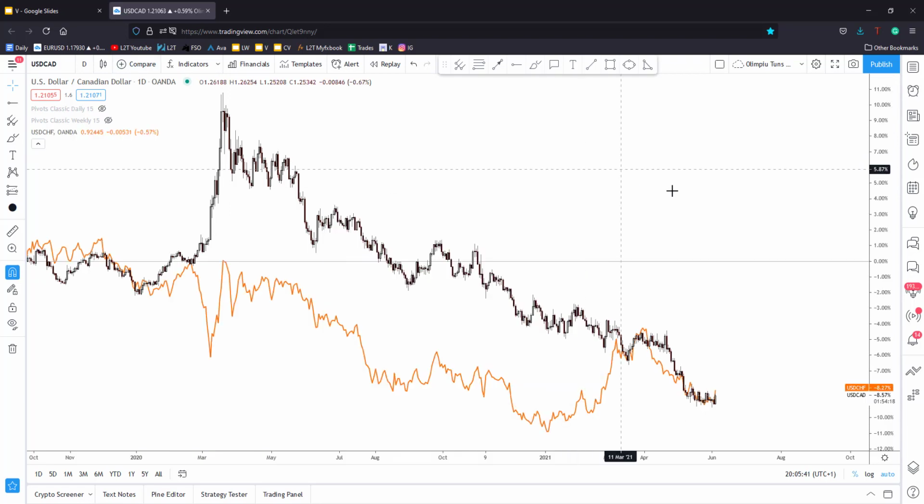Maybe it's not a perfect correlation here, but when the US dollar versus the Canadian dollar drops, we should expect that the US dollar versus the Swiss franc drops as well, guys. And so when you are short maybe on the US dollar versus the Canadian dollar, you should not buy the US dollar versus the Swiss franc, okay, because you are already short on the US dollar, guys.